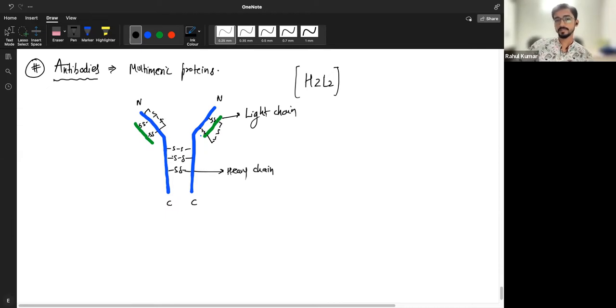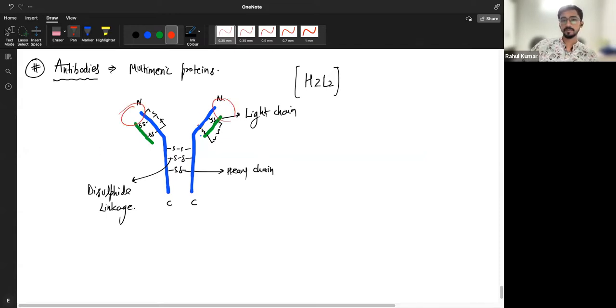So this is called disulfide linkage. Now there are some regions that you should know. This region, I'm marking it here, in an antibody is called antigen binding site.